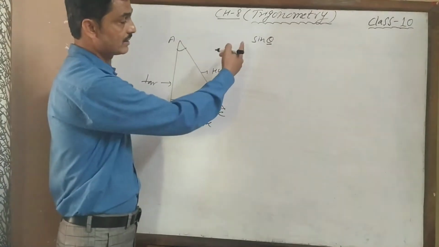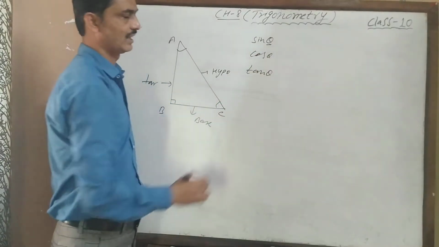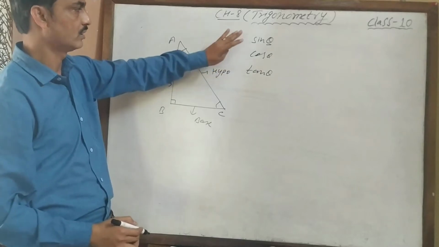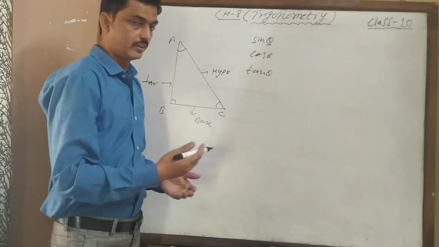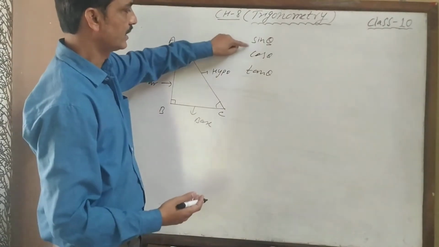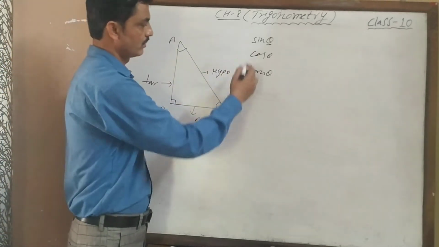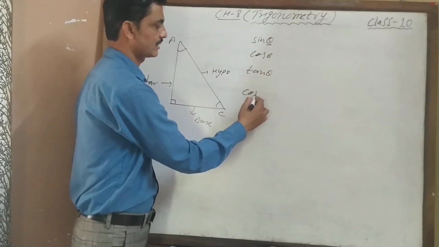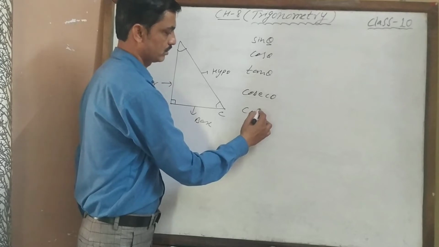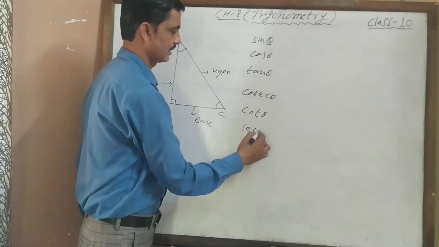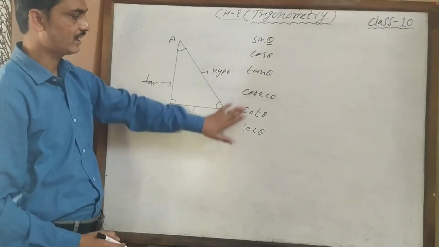Okay. Now what is sine theta, cos theta and tan theta? It's a new term for you. So don't panic, as you read further you will study sine theta, cos theta and tan theta. And again, the ratios are sine, cos, tan, cosec, sec and cot.